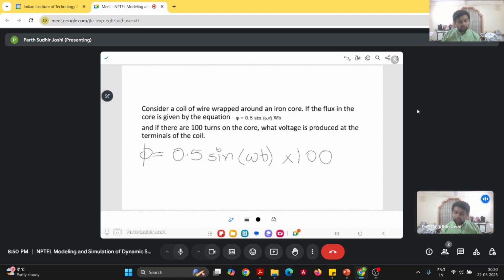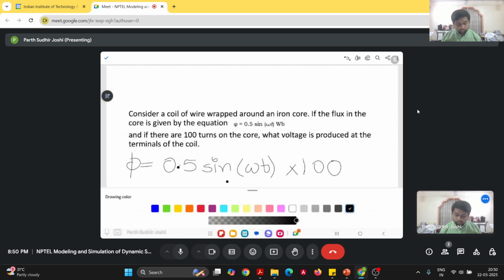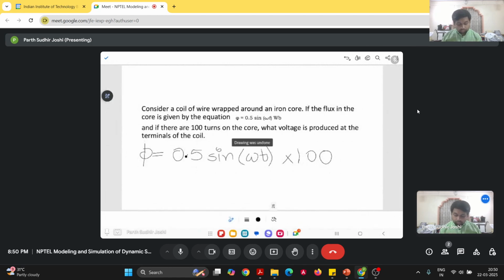So the voltage induced across the terminals of the coil will be given by N into d phi by dt, where N is the number of turns of the coil.